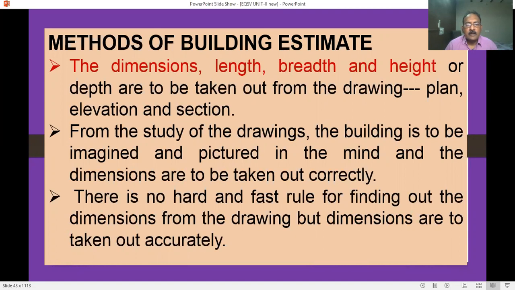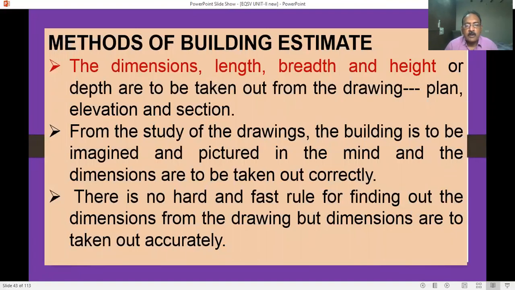to calculate detailed estimation, we need plan, section, and elevation. And you have to imagine that plan, section, and elevation to get accurate values. This is very important.